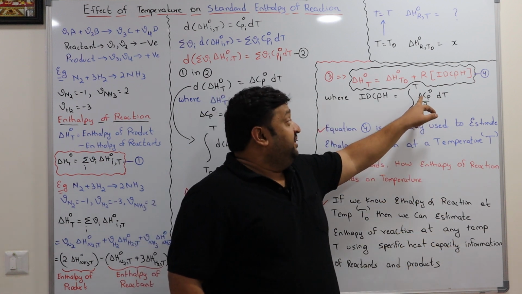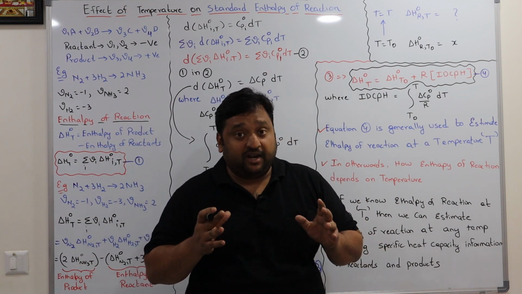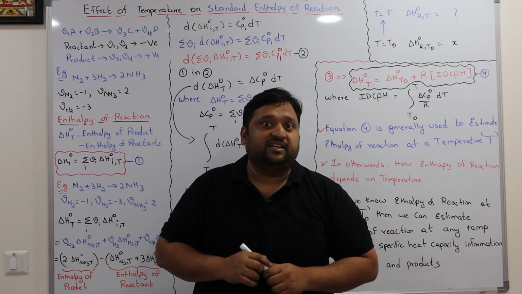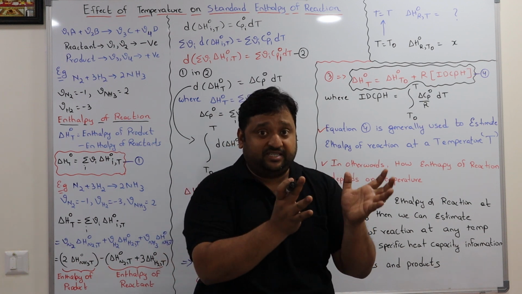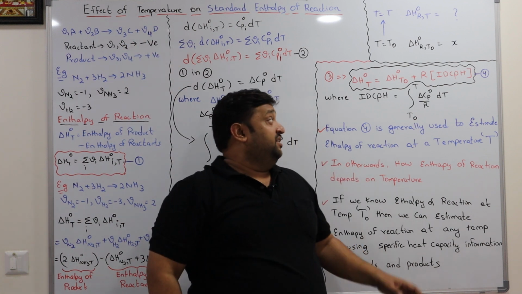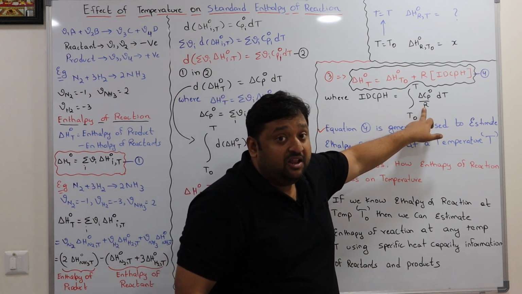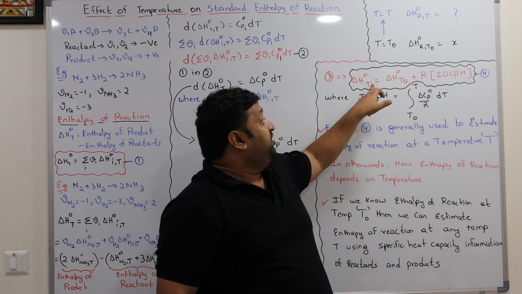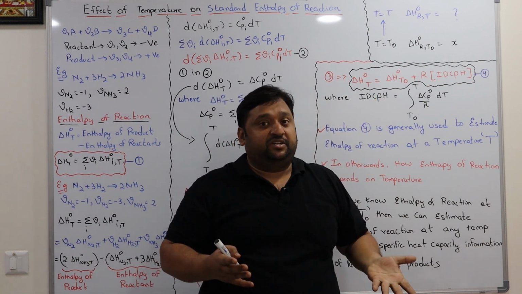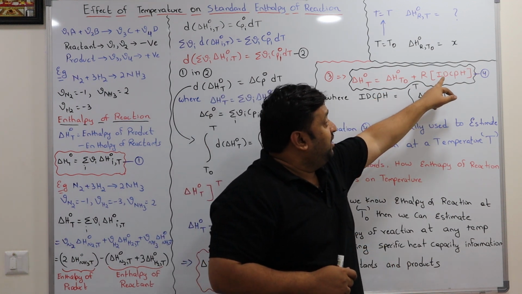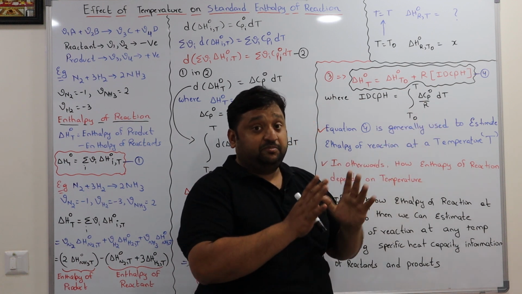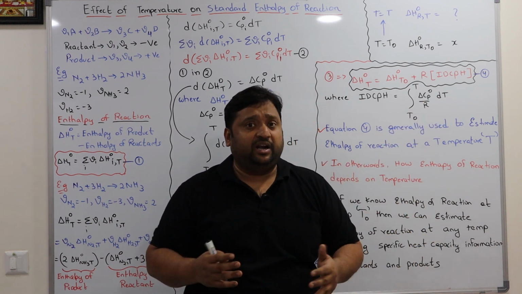Here delta Cp is nothing but the heat capacity of the products minus the heat capacity of the reactants. If you know the heat capacity data of all the chemical species involved in the reaction, then you can find this integral, and once you know the integral, you can find the enthalpy of the reaction at any temperature. So let us find out what IDCPH is and what the expression for it is. If you expand the integral, what expression do you get? Let us find out.